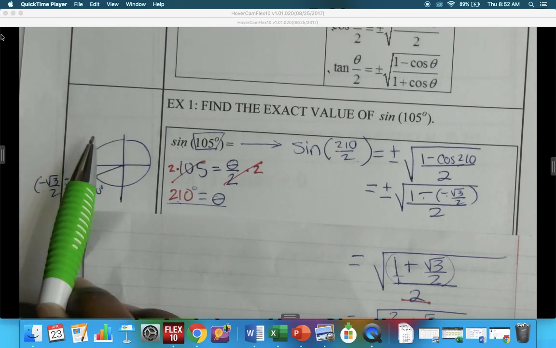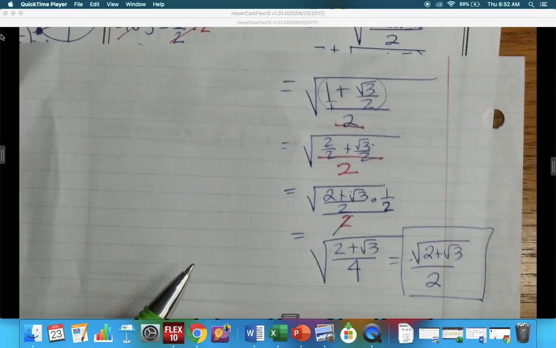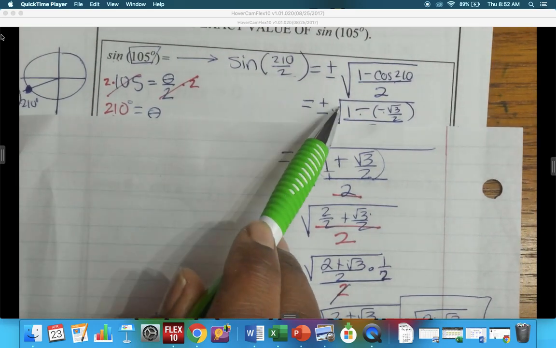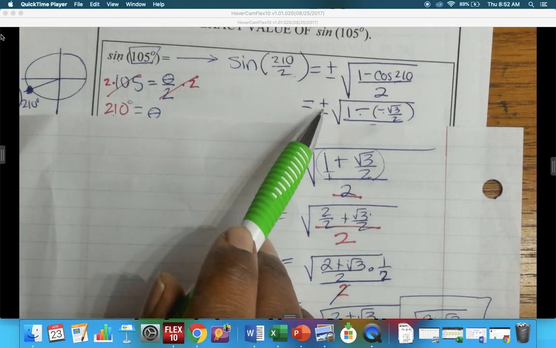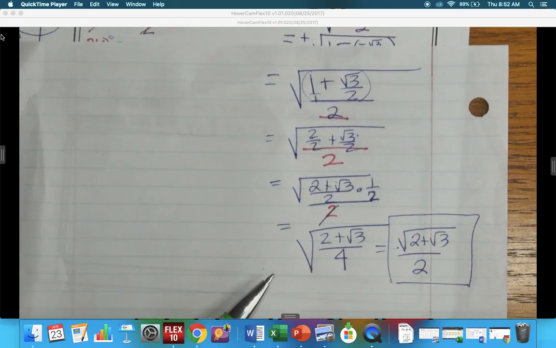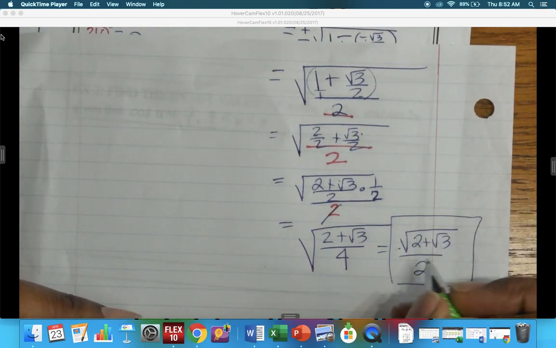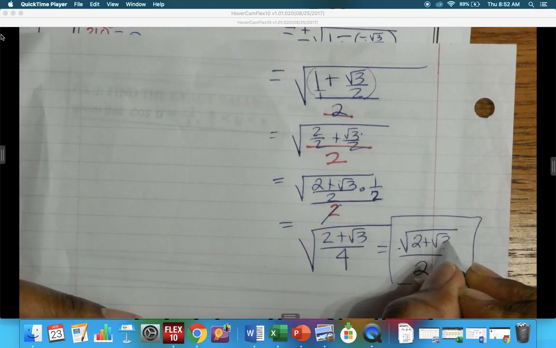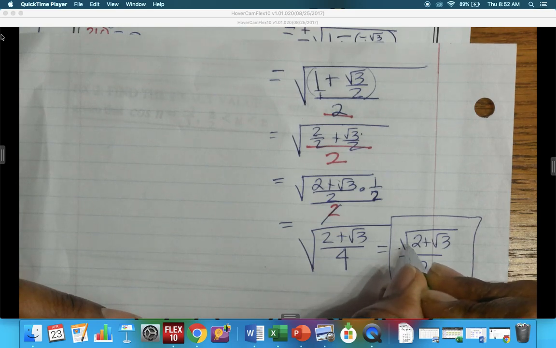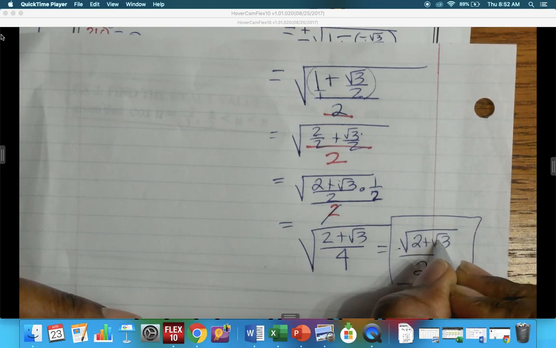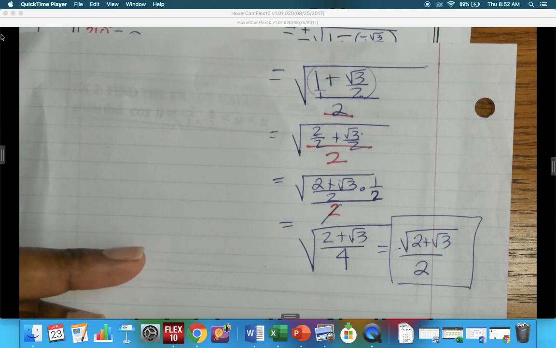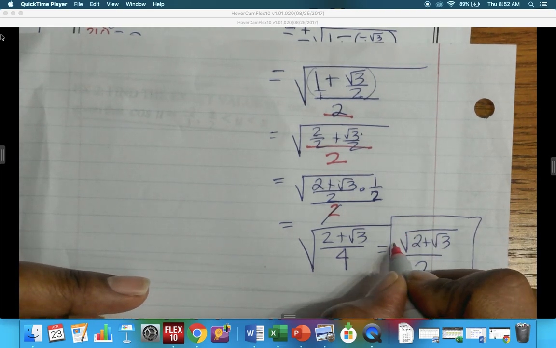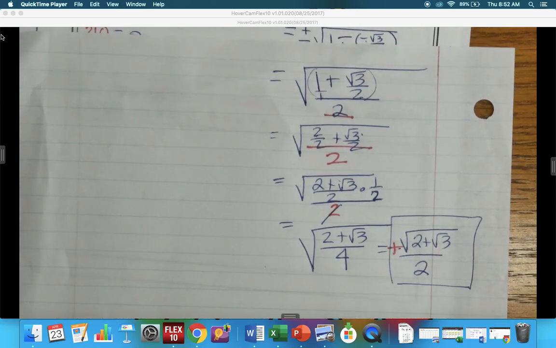Y is positive here, so I know my answer needs to be positive. So this plus or minus doesn't give us two options. It means you check what the sign should be based on the quadrant that you're in. So my answer is actually positive, square root of 2 plus root 3 over 2. I'll leave it as positive. You can put a little positive sign if you need to, but it's positive there.